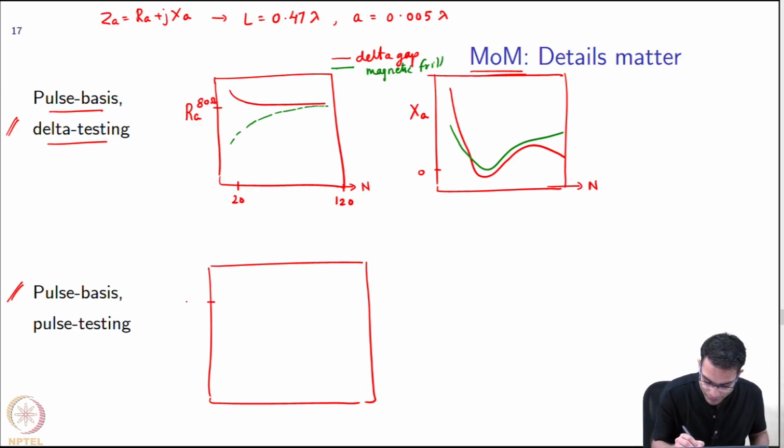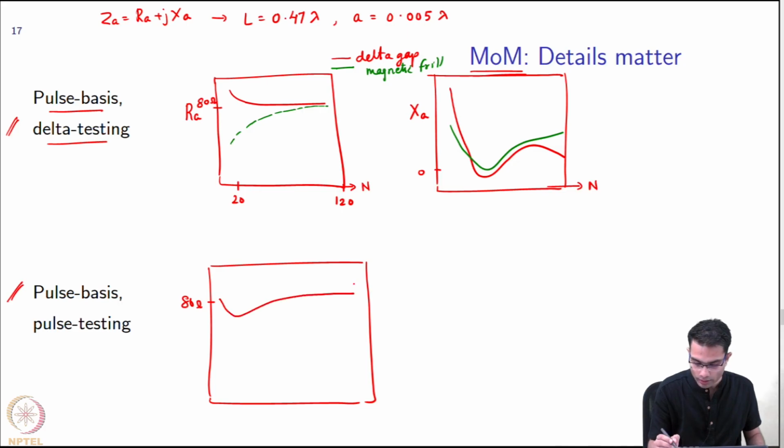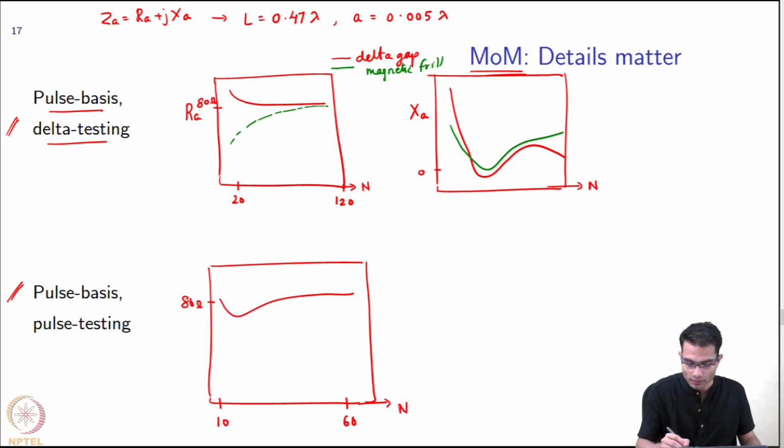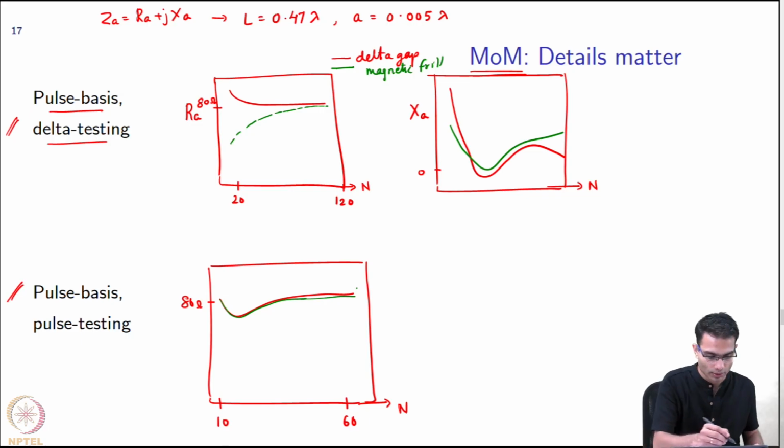So again, this is my figure, around 80 ohms. This is what you get over here, and mind you, this is around 60 and this is around 10. Okay. What do you get with this magnetic frill? Okay. That is all right.